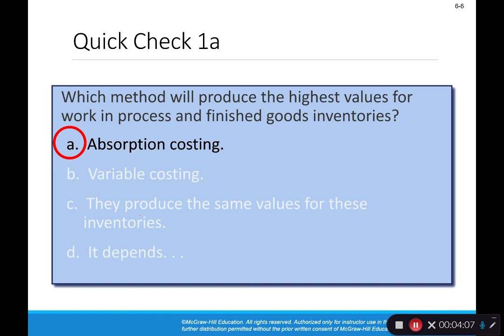That's why it's going to have the highest values for WIP and finished goods, because the fixed overhead is going to be included in the product cost, which is part of WIP and finished goods. Under variable costing, that fixed overhead cost gets expensed right away and it wouldn't be included. Therefore, variable costing would have a lower inventory value because it includes fewer costs.